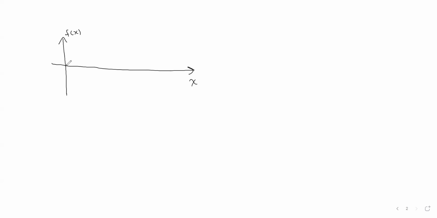And suppose my function looks like this, like that. And I have an x coordinate x1 and an x coordinate x2, and I'm interested in finding the area under that graph.